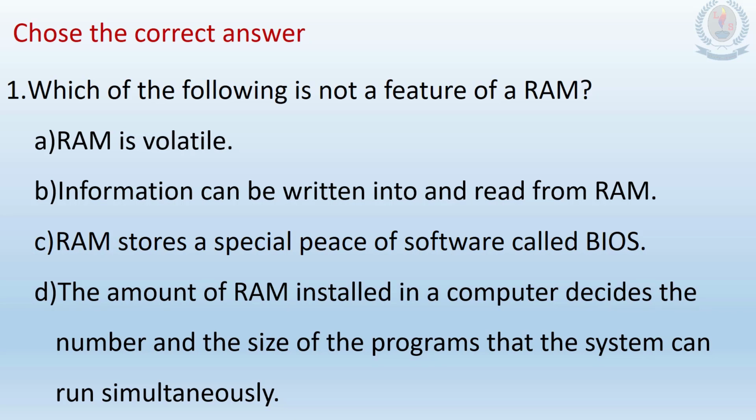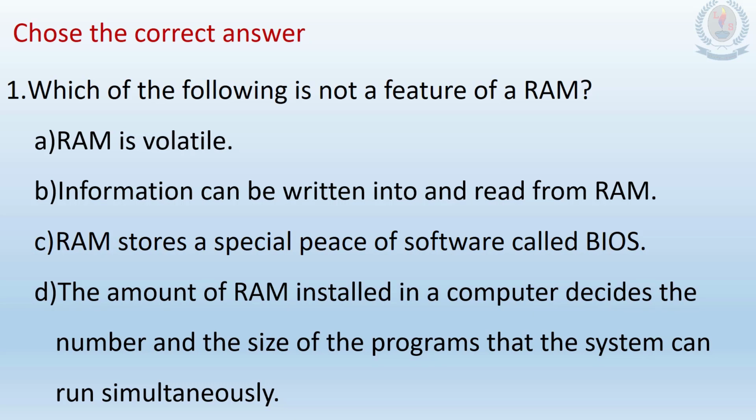Answer D says the amount of RAM installed in a computer decides the number and the size of the programs that the system can run simultaneously. Simply, this is the speed of the computer. Yes, it depends on the RAM. So answer D is also correct, that means it's a feature of RAM.